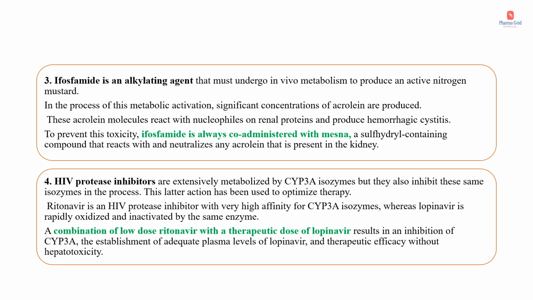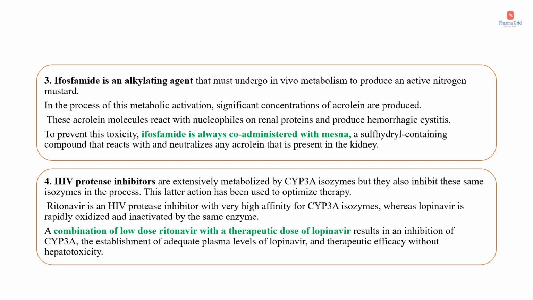Next pharmacological strategy, HIV protease inhibitors. These HIV protease inhibitors are extensively metabolized by CYP3A isoenzymes, but they also inhibit these same isoenzymes in the process. This latter action has been used to optimize therapy.